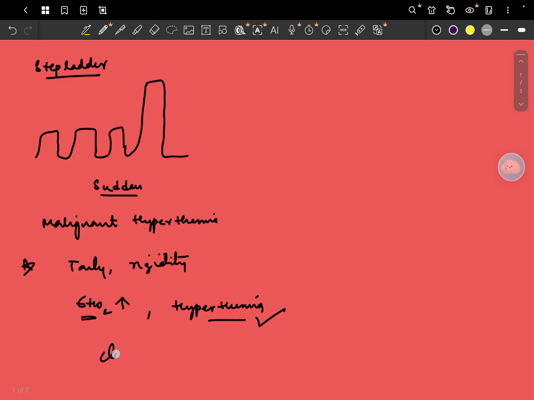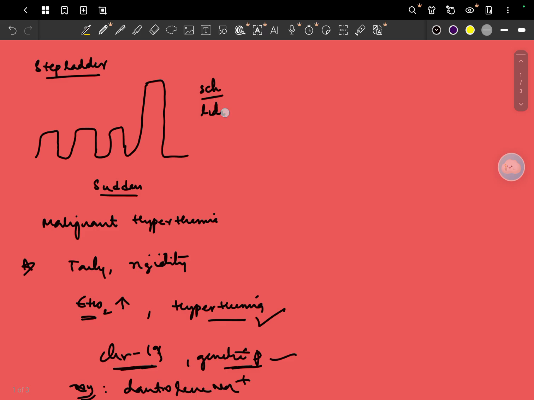Now here in chromosome 19, ryanodine receptors are mutated and therefore it leads to genetic predisposition leading to malignant hyperthermia. The treatment of choice will be dantrolene sodium, and it is usually seen with agents like succinylcholine, lignocaine or lidocaine, and muscle relaxants. So these are the agents causing malignant hyperthermia.